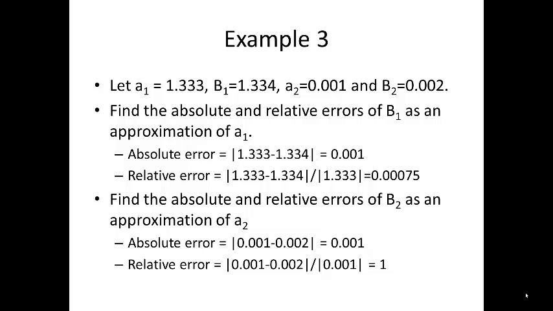The relative error, we divide by the absolute value of alpha, and we get 0.00075, which is fairly small and seems like it would be a good approximation. Now, if we repeat that for A2 and B2, the absolute error, once again, is the same, 0.001, but our relative error is 1, which is pretty high. So even though they both have the same absolute error, the relative error tells the story, and we would say that B2 is not a great approximation of A2, even though B1 is a good approximation of A1.